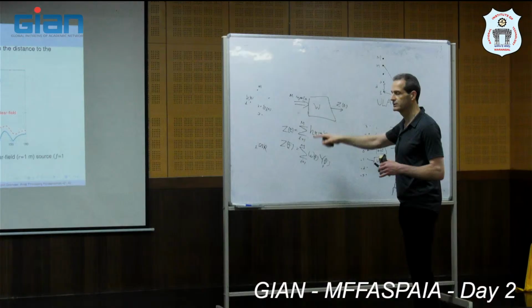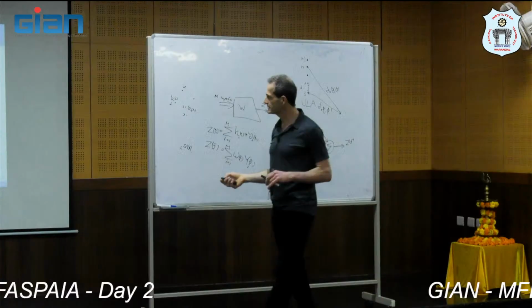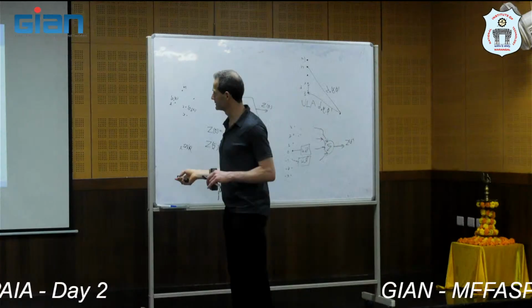But also the decay, the magnitude. So these two factors, especially the decay, because the decay depends on the distance, make this near field directivity beam pattern such a way that it doesn't cancel.